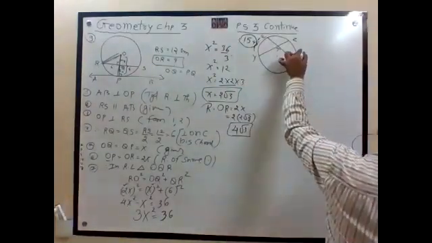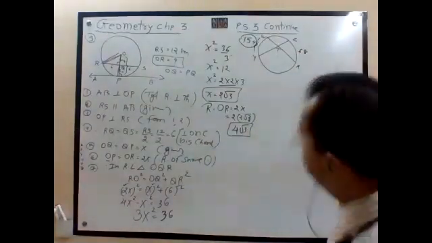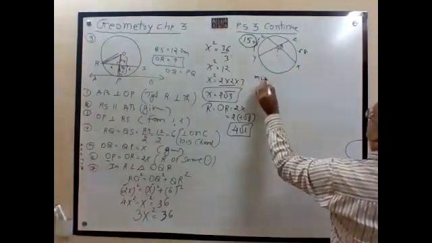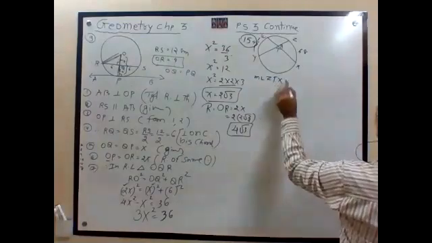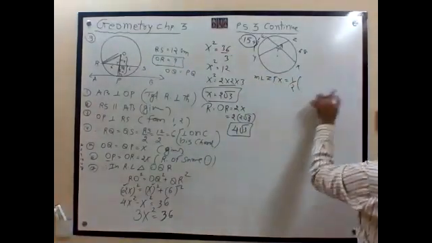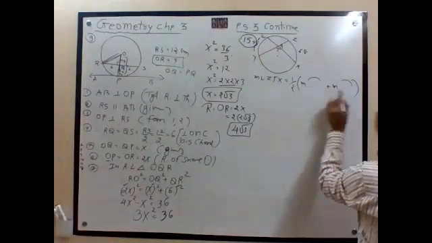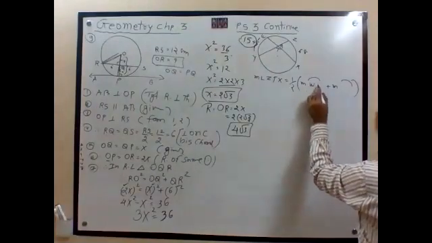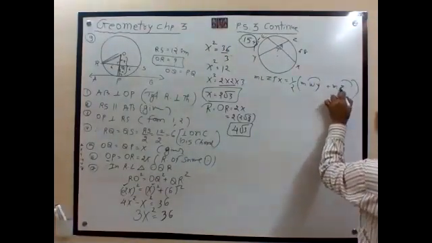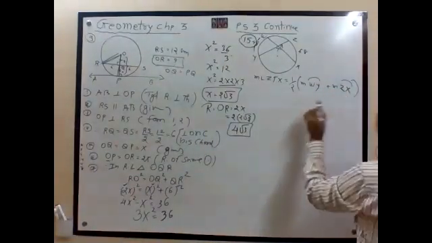ZX is 68. So we have to find angle ZTX. This we have to find. So measure of angle ZTX. This is internal, so it is half of major arc plus major arc, WY plus ZX.